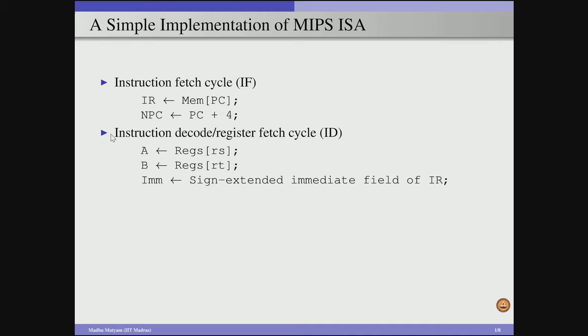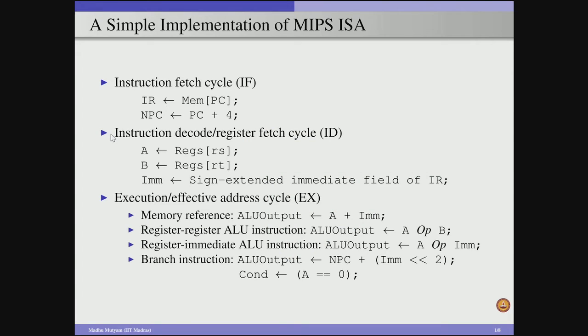Here RS, RT are the register fields in the instruction, and if it is of immediate addressing mode, then we will have to read the immediate field from the instruction register, and we will extend the sign, and then that will be stored in our temporary register IMM. Here A, B and IMM are the temporary registers where we are going to store these corresponding values.